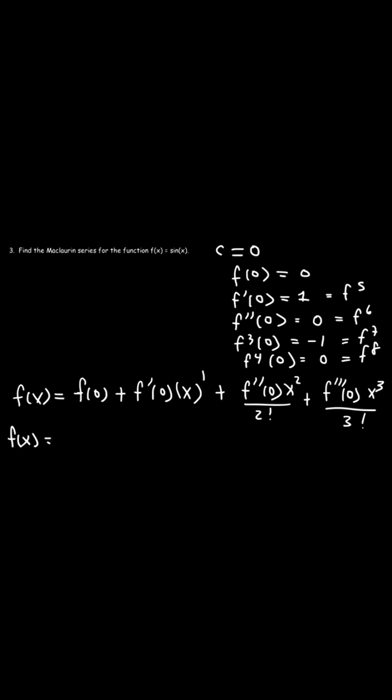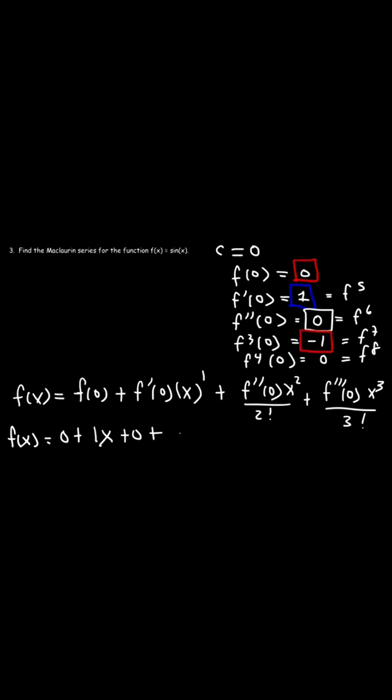So f of 0, we could see that it's equal to 0. And then f prime of 0, that's equal to 1. So we're going to have 1x, and then plus f double prime of 0, which is 0. And then the third derivative, it's equal to negative 1.